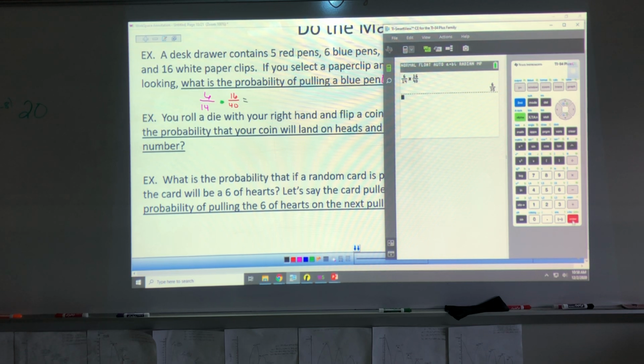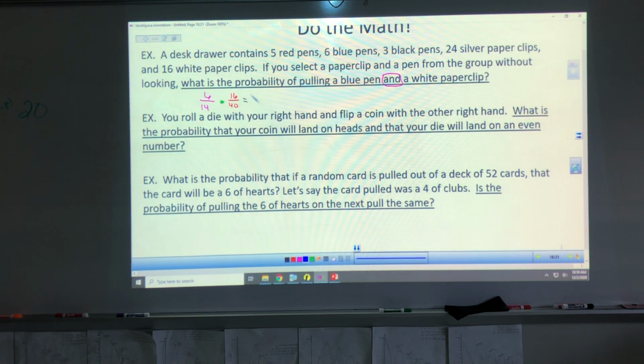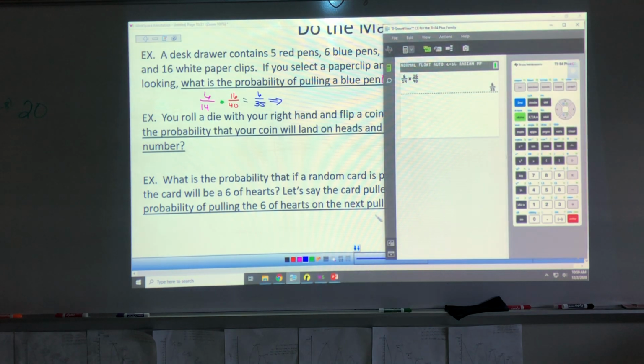Okay? Check it out. So you have a 6 in 35 chance of pulling a blue pen and a white paper clip. Mr. Mann likes them in percentages. We said it's 6 over 35. And as a percentage, okay, we're going to pull it back up here.